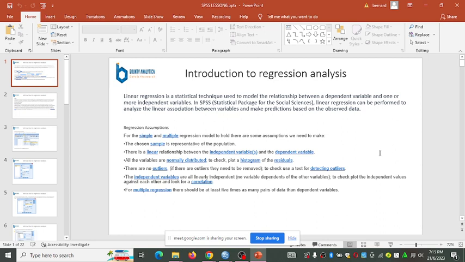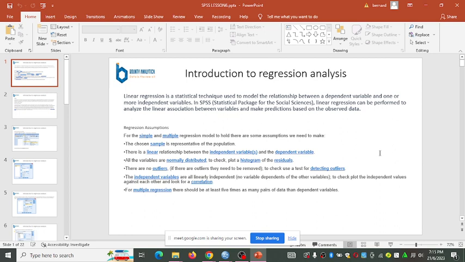Point number three, all the variables are normally distributed. To check for this assumption, we draw a histogram of the residuals, and the shape of that histogram should be symmetrical.